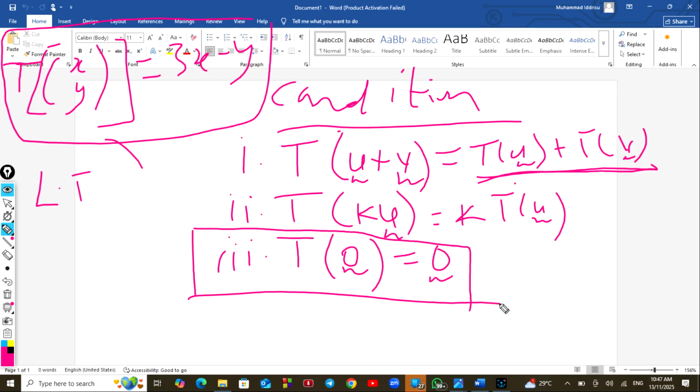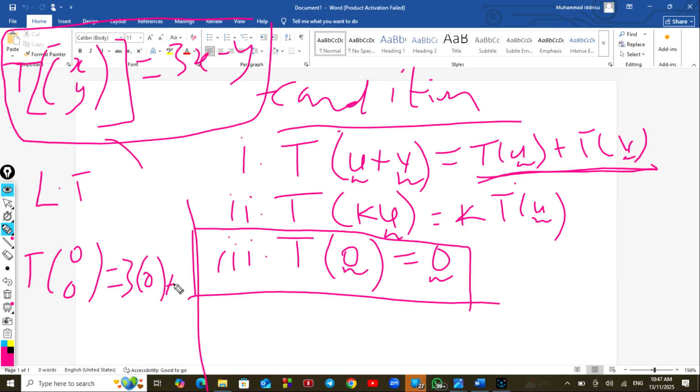The transformation of (0, 0) is equal to 3 multiplying 0, since our x is 0, minus y, and our y is also 0, so minus 0. 3 multiplying 0 is 0, minus 0, which is 0.